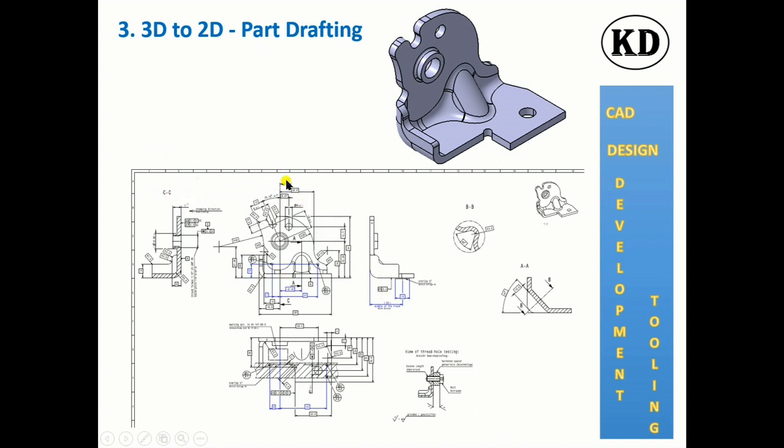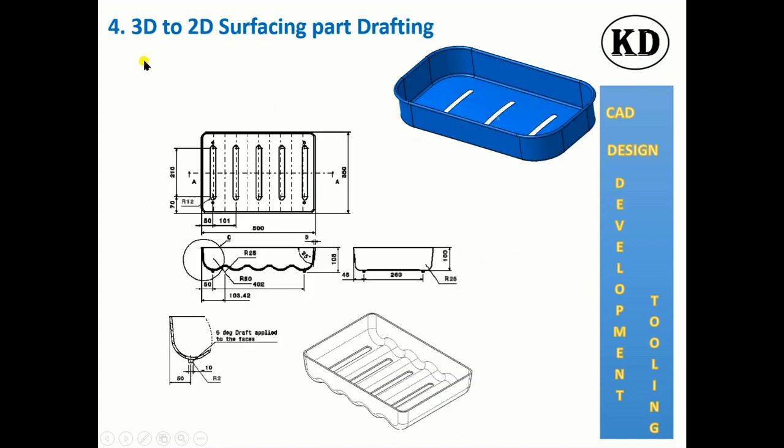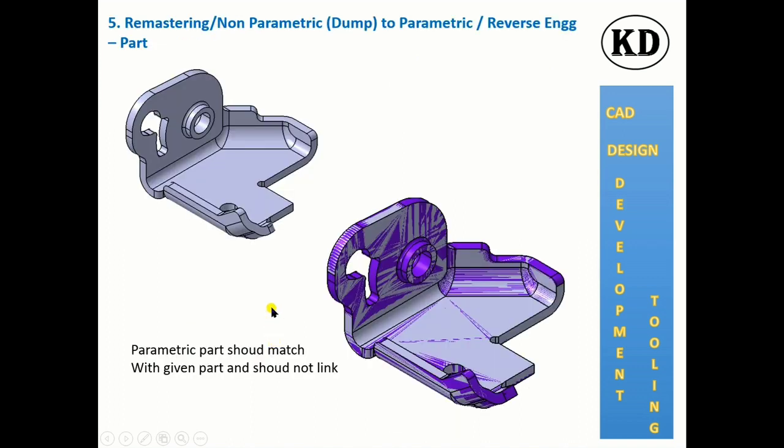So you have to know how to take sections, where to take sections, how to apply datums or feature frames, their tolerance, what bilateral tolerance means, and stacked dimensions or continuous dimensions. The same applies to surfacing drafting also. You have to be sure to draft a surfacing part also.